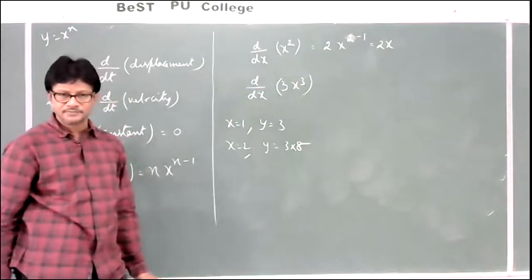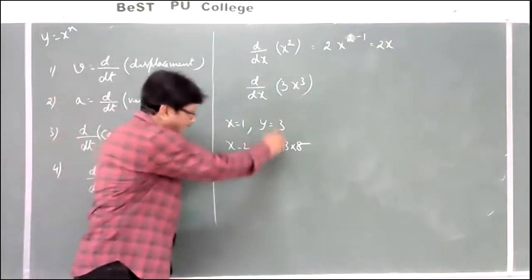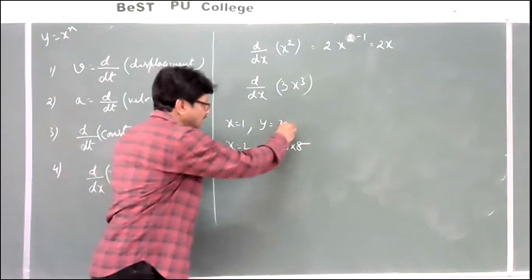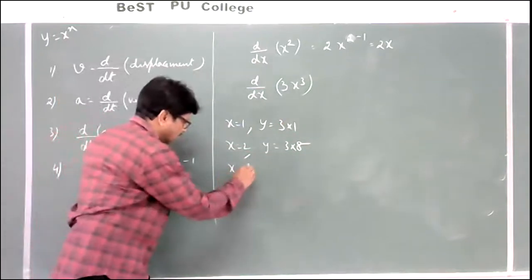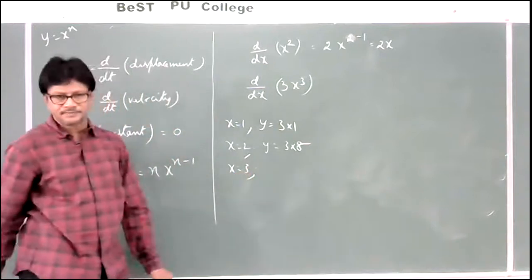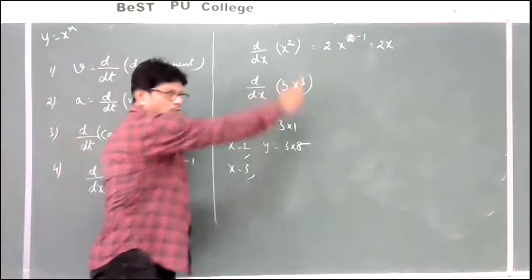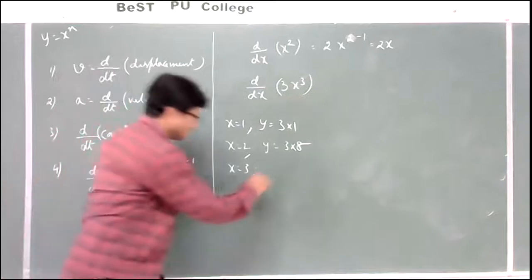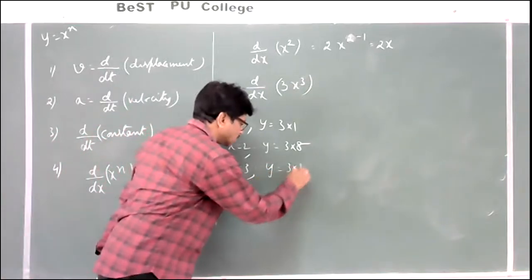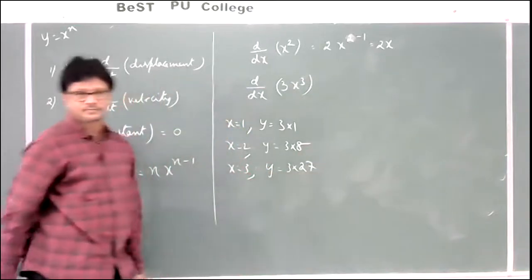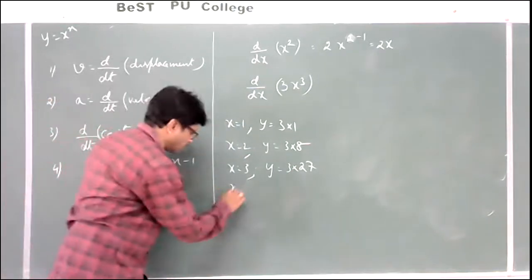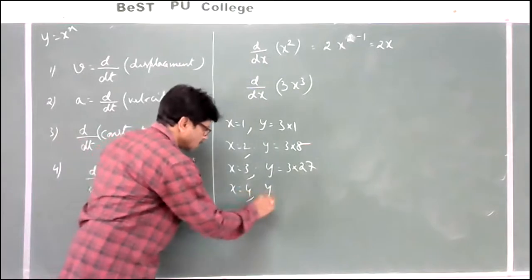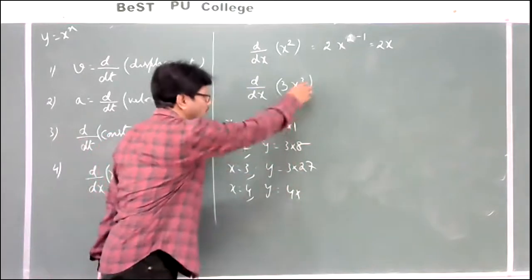See, 3 is common here, 3 into 1. If you take the x value as 3, 3 cube is 27, y is equal to 3 into 27. And if you take the x value as 4, y is equal to 3 into 4 cube, 64.